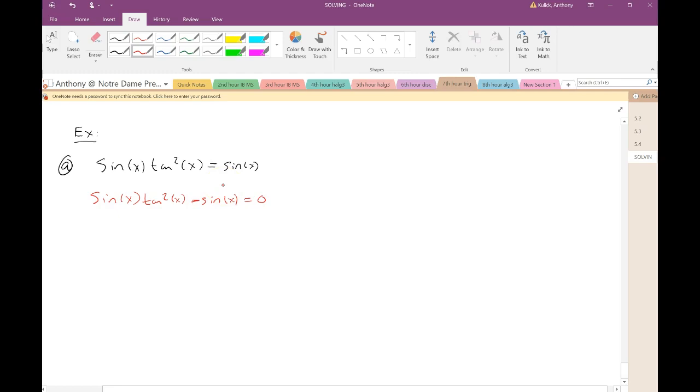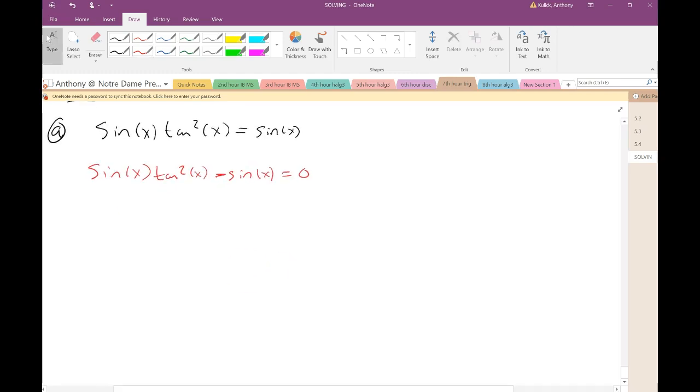Everybody okay with to there? Okay. Now if I look here, this looks like there are two terms. There's this term and then this term. Everybody kind of see that, where I have two distinct things? Do you notice anything in common between these two things?